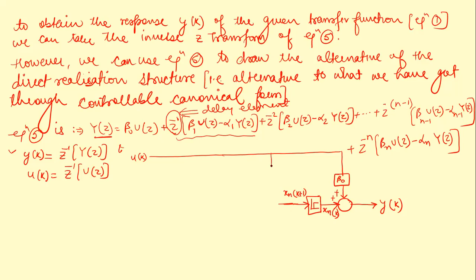So let us add this term. We will multiply it here with beta 1 uk, you can see here uk is multiplied with beta 1, right? And then we have minus alpha 1 yz, so it will be added with one more element which is coming from feedback. These alphas are in the feedback path and betas are in the feed forward path, right?